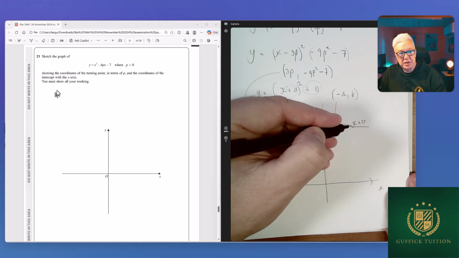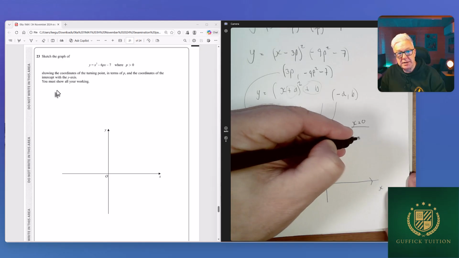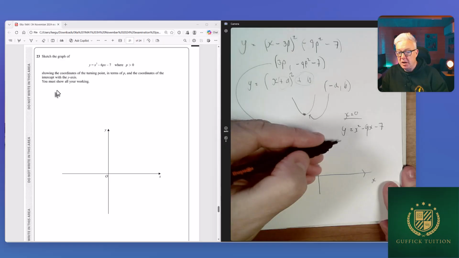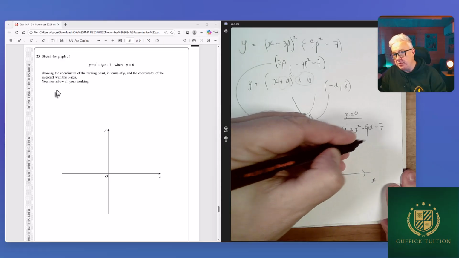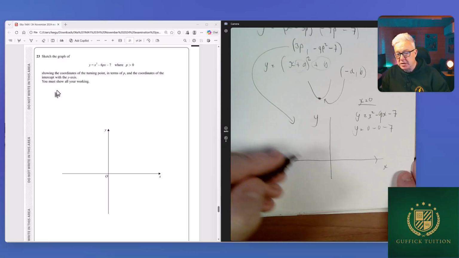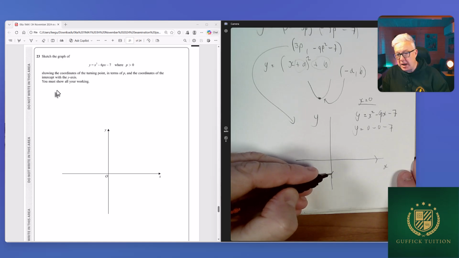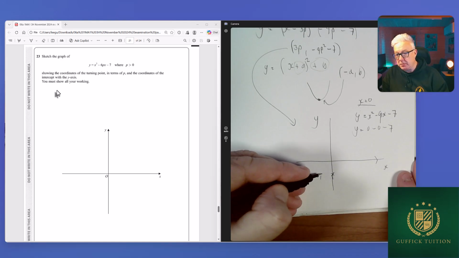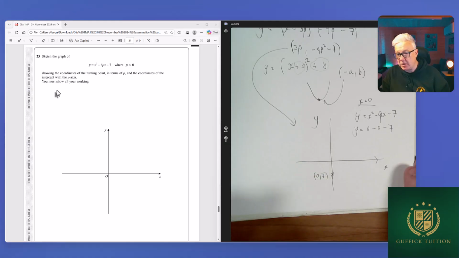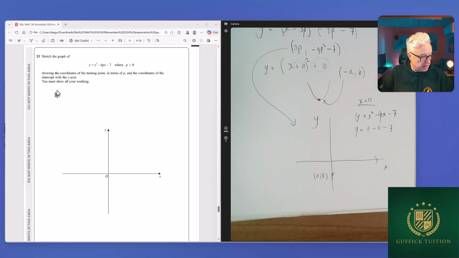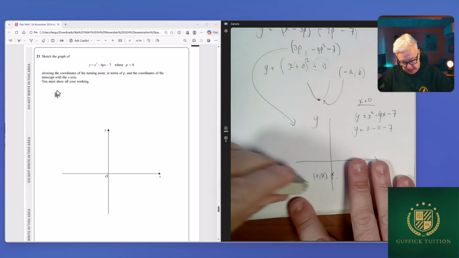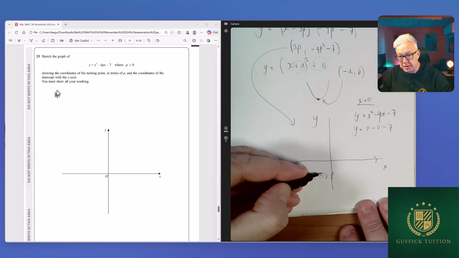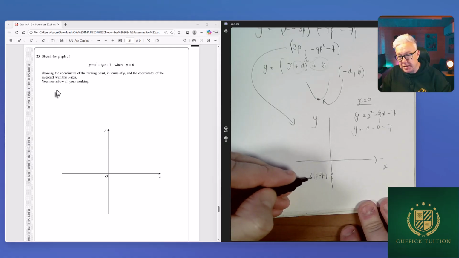So when x is equal to 0 in our equation, y is equal to x squared minus 6px minus 7, we're going to have y equal to 0 minus 7. So in other words, it's going to intercept the y-axis over here at 0, minus 7. Okay, so 0, minus 7 is that point of intersection there. Just make that more clearly visible as a minus. Minus 7, there we go, 0, minus 7.